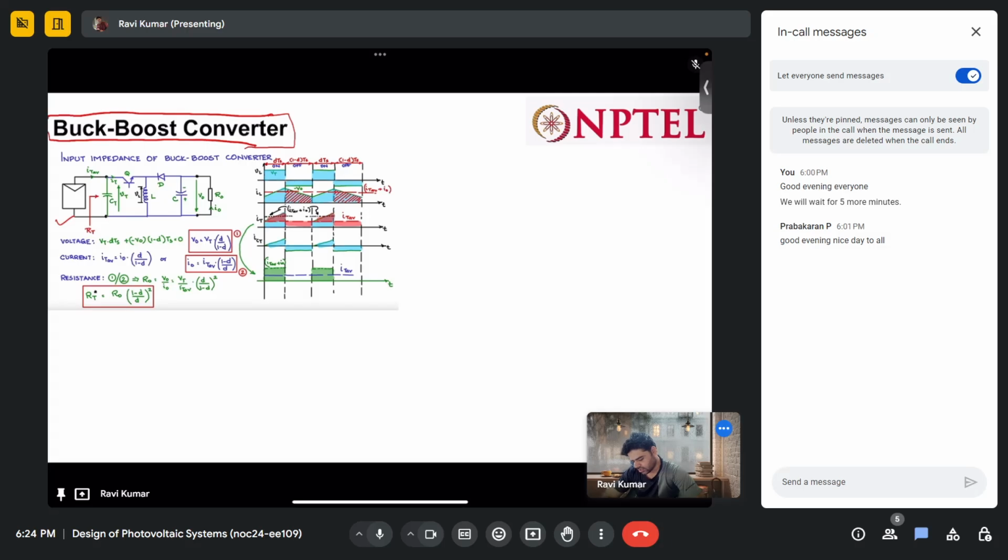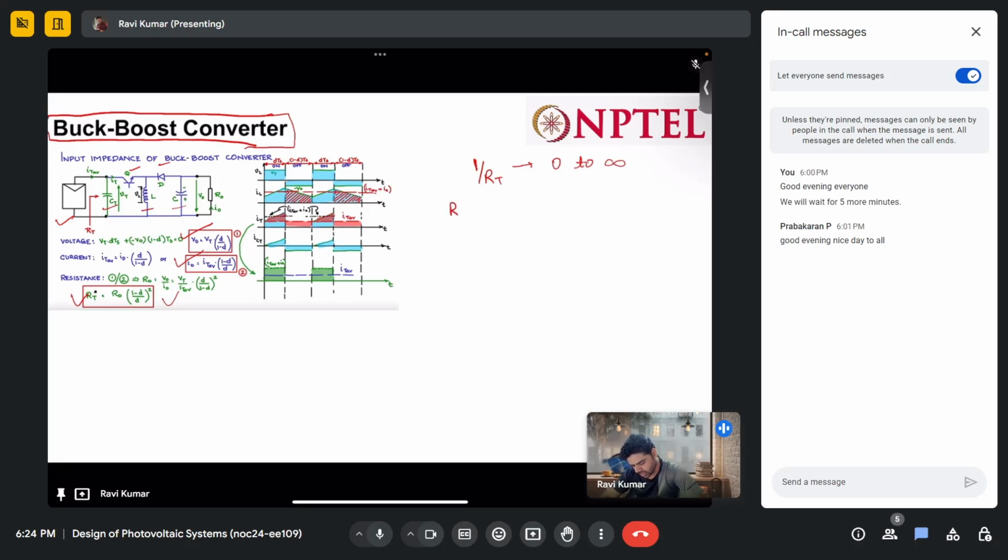Here these are the components: capacitor, inductor, capacitor, diode and switch. Using all this derivation, we obtain the relation between V naught versus VT, I naught versus IT, and RT by R naught. See, we need 1 by RT to vary from 0 to infinite. Let's see if we are able to do that.